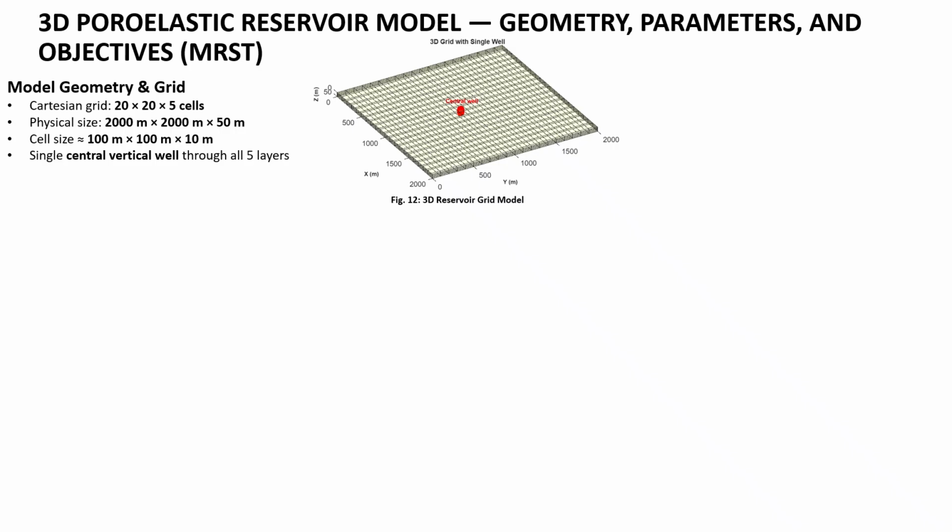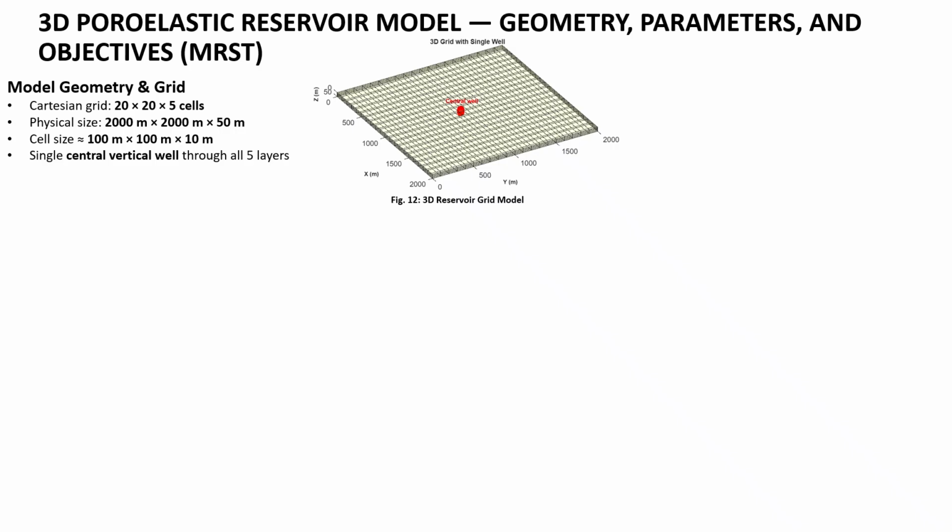So first, the model geometry and grid. The reservoir is represented using a Cartesian 20 by 20 by 5 grid, as you can see in figure 12. Physically, this corresponds to a 2000 meters by 2000 meters area and a 50 meters thick reservoir subdivided into 5 vertical layers.